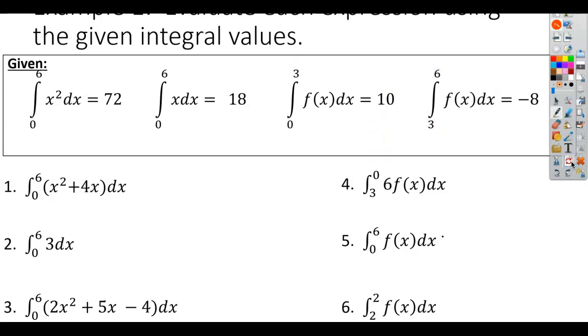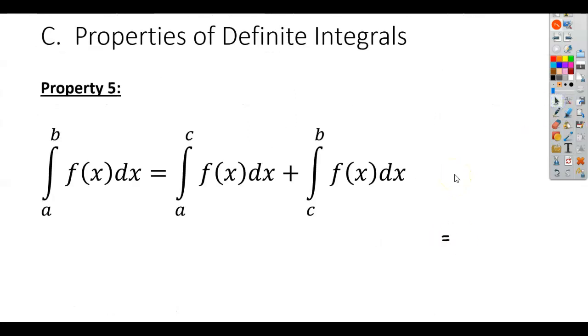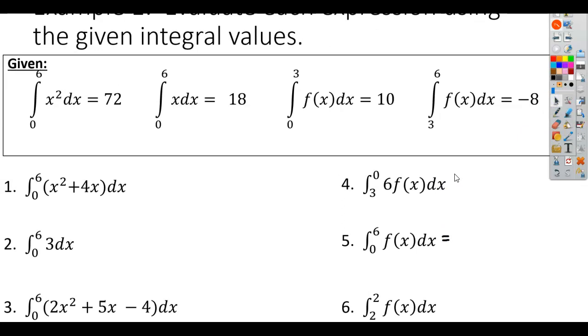Okay, so according to property, what was that? I've already forgotten. I got to go look again. Property number 5. Okay. According to property 5, the area from 0 to 6 is the same thing as finding the area from 0 to 3 and adding that to the area from 3 to 6, just splitting it up into two separate integrals.